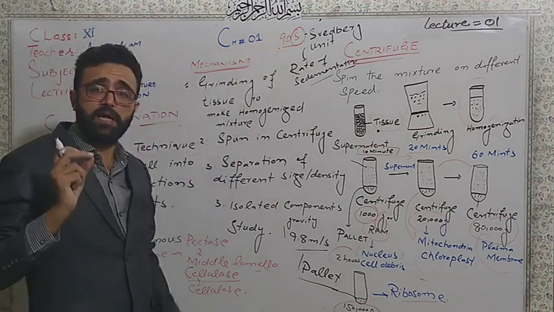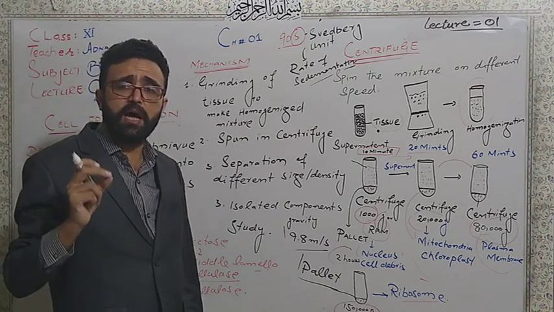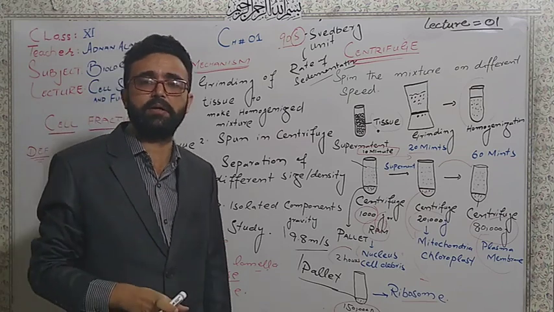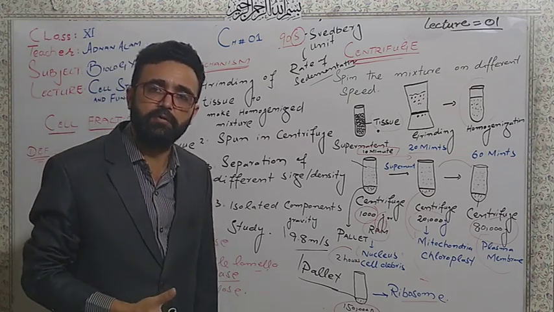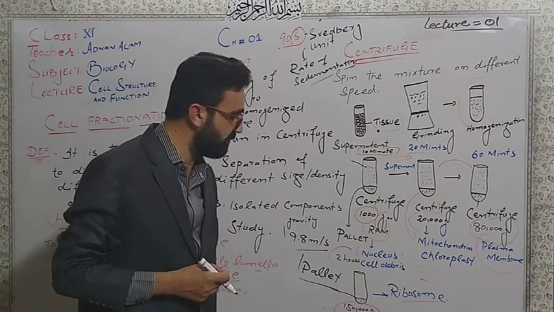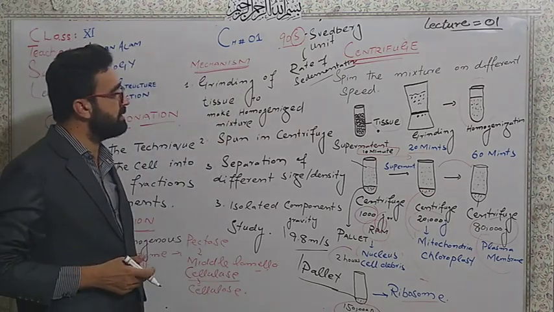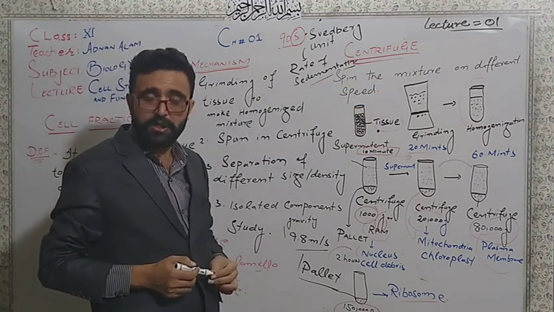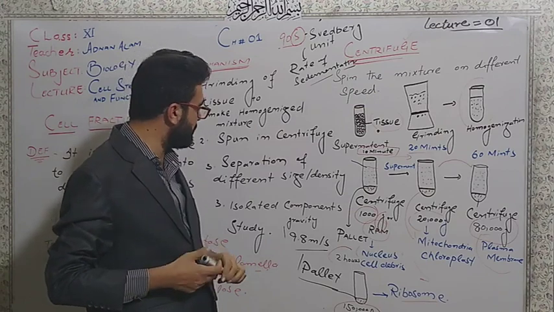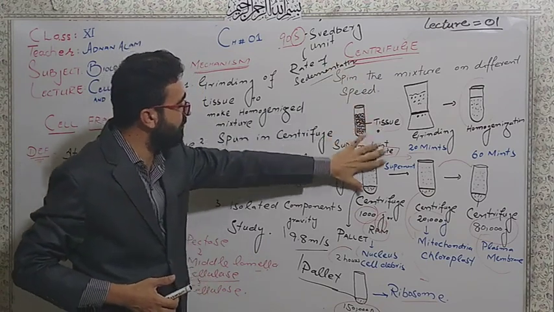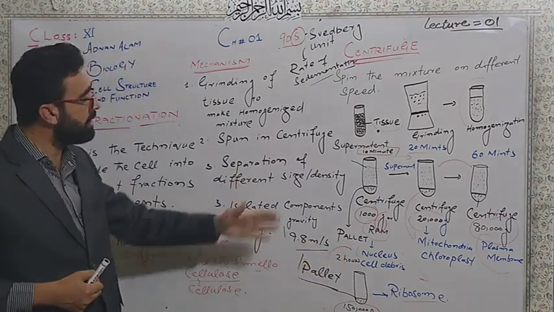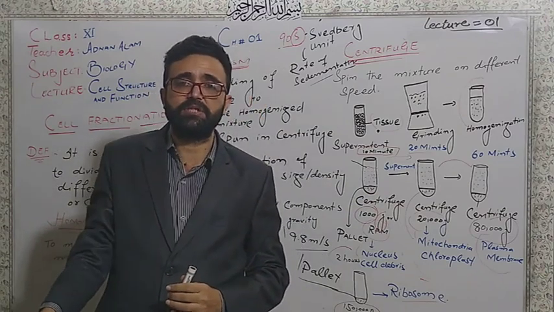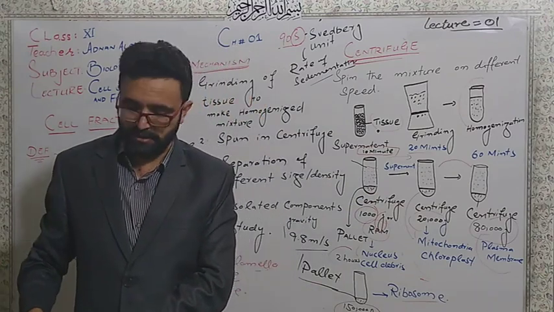High S means large ribosomes, small S means small ribosomes, because small molecules take a longer period of time to sediment in the pellet due to their small size. Now, this was differential centrifugation, and by this centrifugation we can isolate different types of cell organelles which can be subjected to further study.